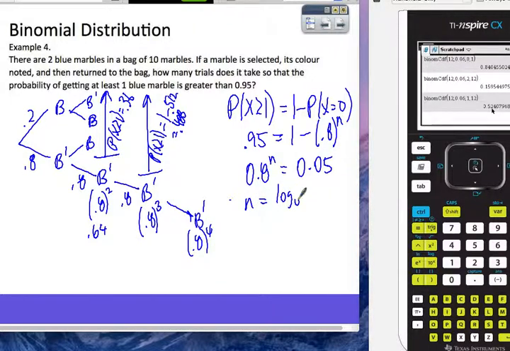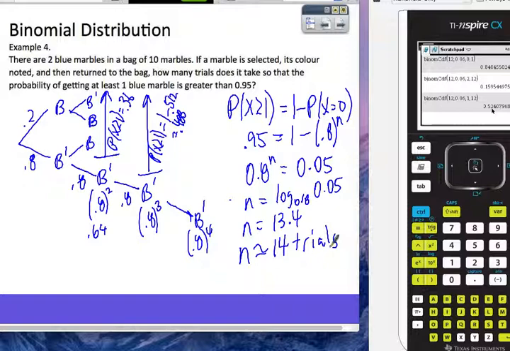It's going to be log base 0.8 of 0.05. And that value of n is 13.4. So what this says is after 13 trials, the probability will still not be quite 0.95, so we have to go to the next trial. So n, we have to give it as 14 trials for the probability to be at least 0.95.